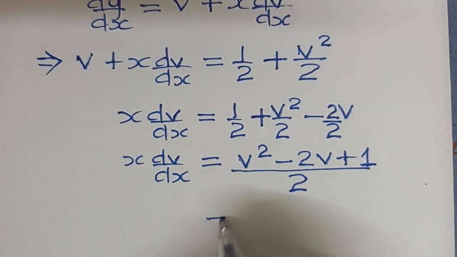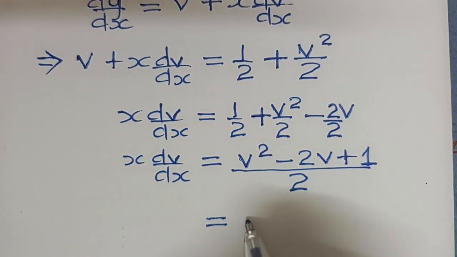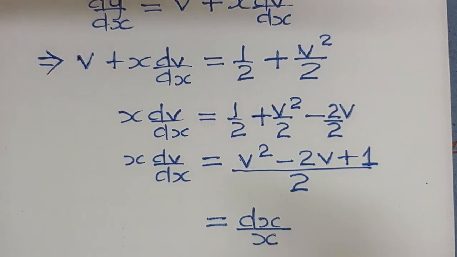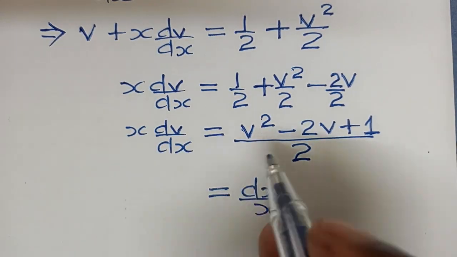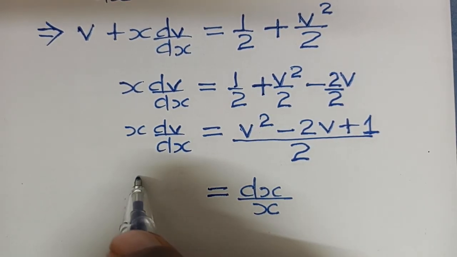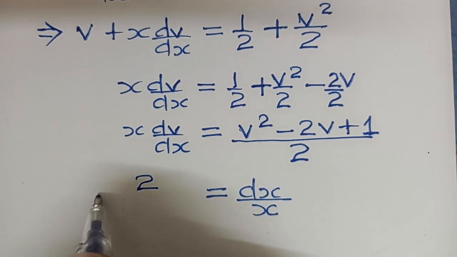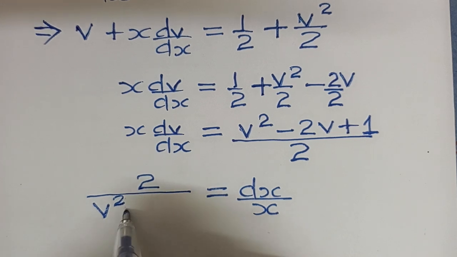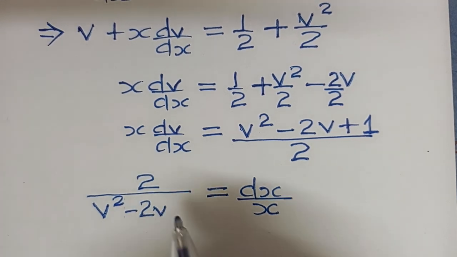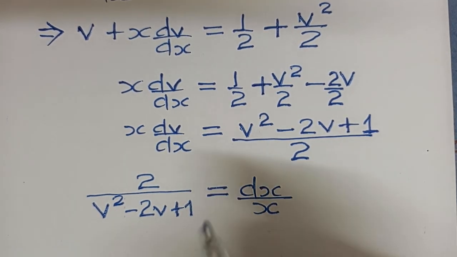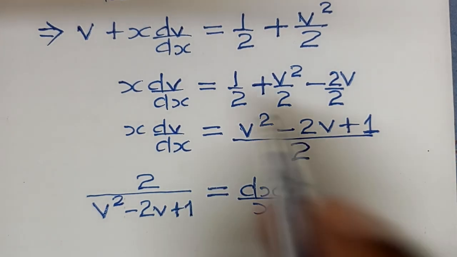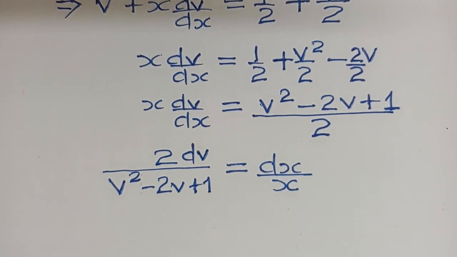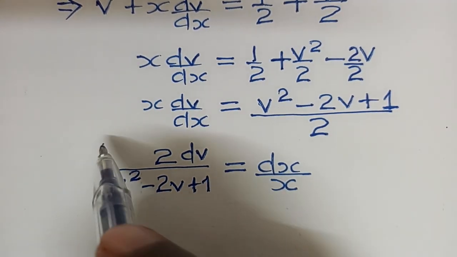So on this side we shall have dx over x, and on this other side we shall have 2 over v squared minus 2v plus 1, and here we have the dv. From there we just come and integrate on both sides.